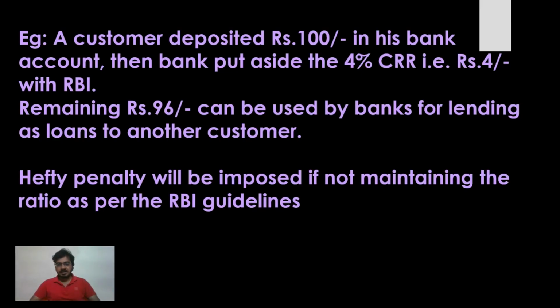At the current rate, CRR, the cash reserve ratio, is 4 percent, which means 4 percent of 100 rupees has to be kept aside by the bank with the RBI, which means the remaining 96 rupees can be used by the bank to lend as a loan to another customer, but the remaining 4 rupees mandatorily has to be parked with the RBI in cash form.